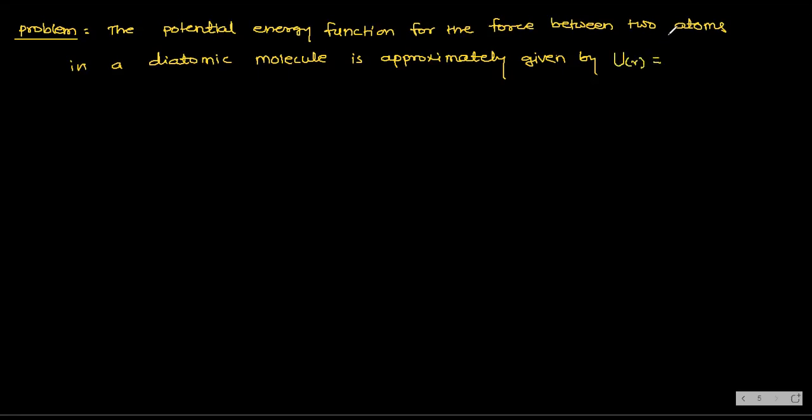U(R) is equal to A by R power 12 minus B by R power 6, where A and B are constants, and R is the distance between the atoms.